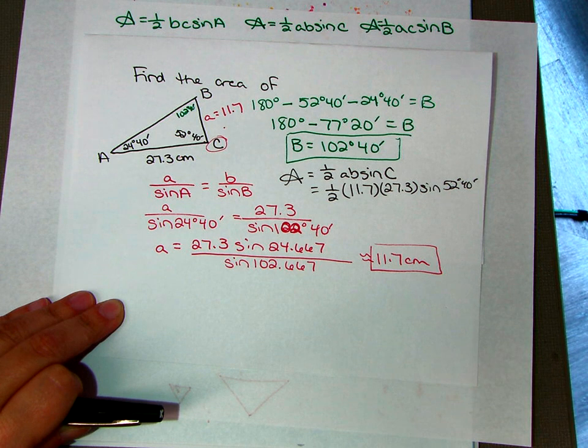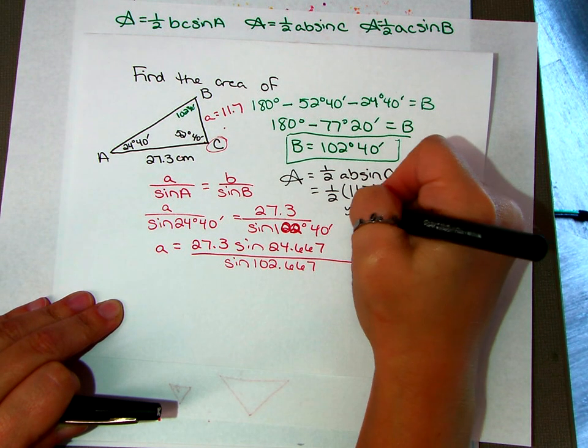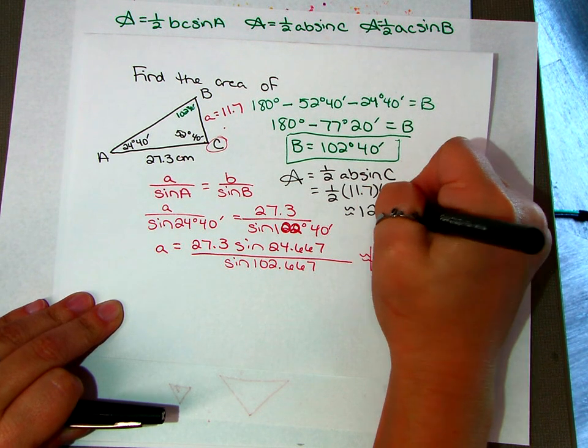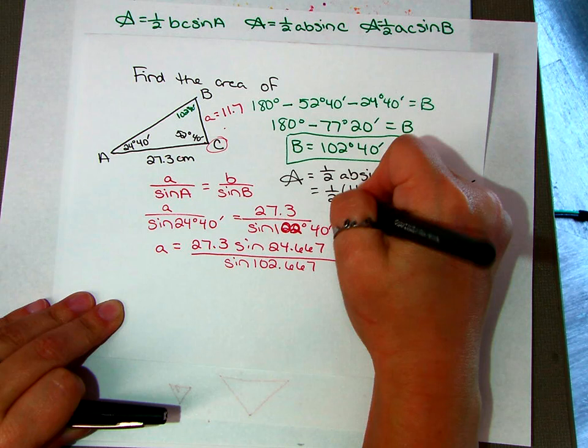We're going to round to the nearest square centimeter for this one. Hopefully you get 127 square centimeters is the area of that actual triangle.